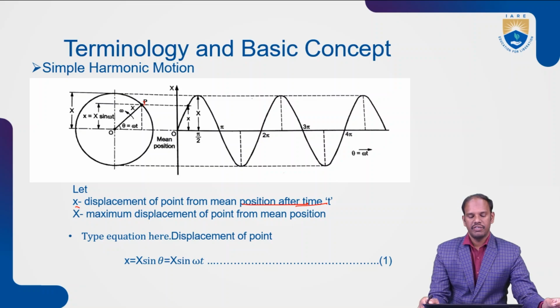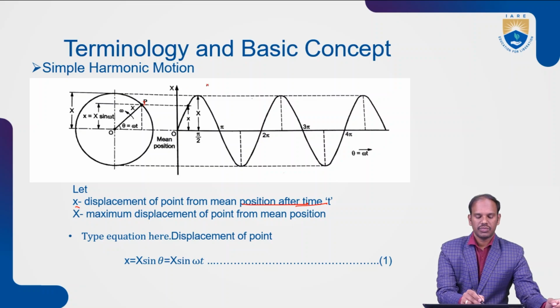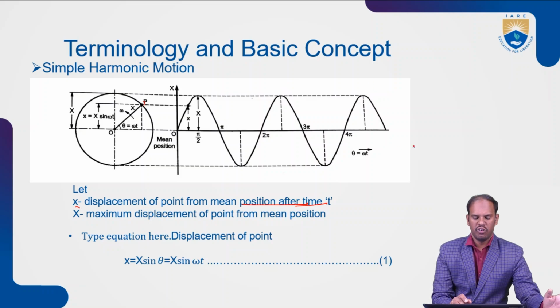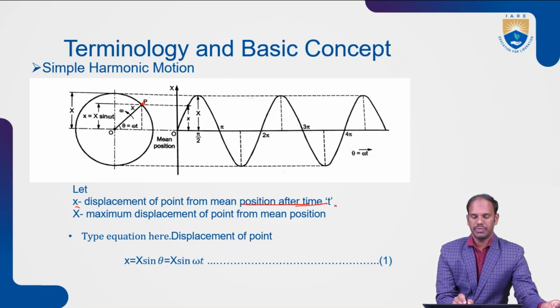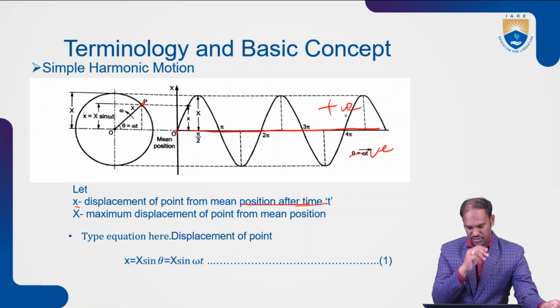Okay, then we can note that a motion happens with these small forces. So here is the displacement of the point P from the mean position after t time. Here is the mean position, then there is an upward layer and a backward layer, so there is a positive sign and a negative sign.